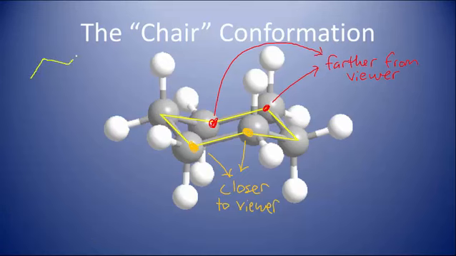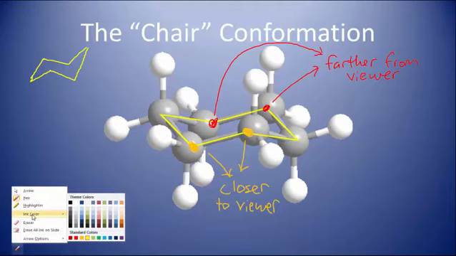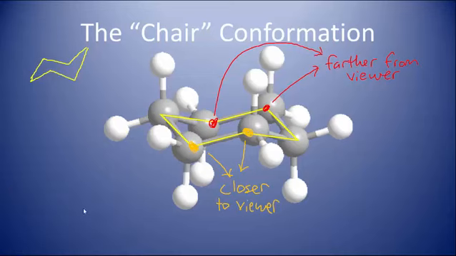You could draw it like this, and you could imagine a little person sitting in this chair, laid back, arms behind his or her head, just lounging on the beach. That's why we call it the chair conformation.